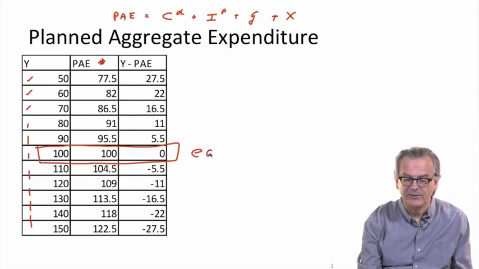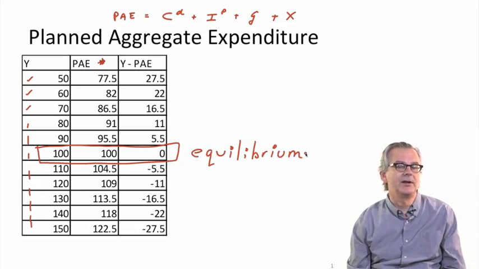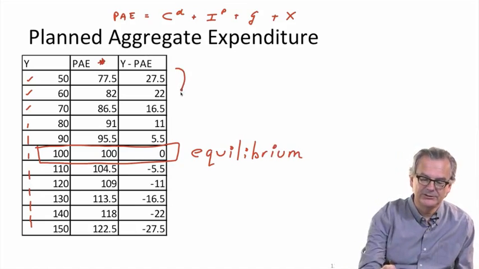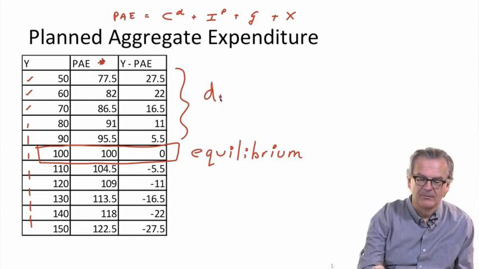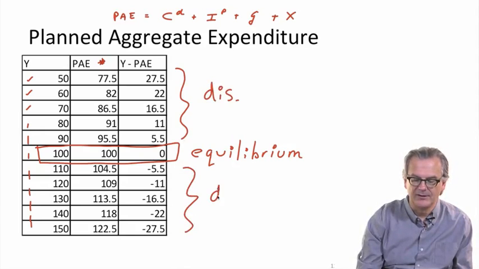Here we have satisfied our condition for macroeconomic equilibrium, and only there do we satisfy that condition. Everywhere else you would be looking at disequilibrium. I'll just write DIS for disequilibrium.